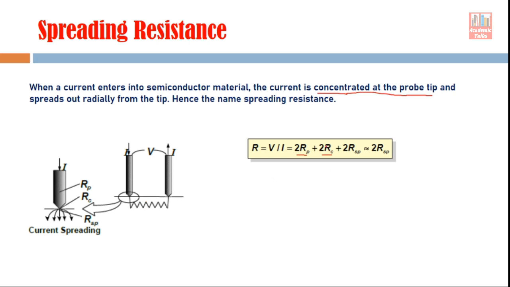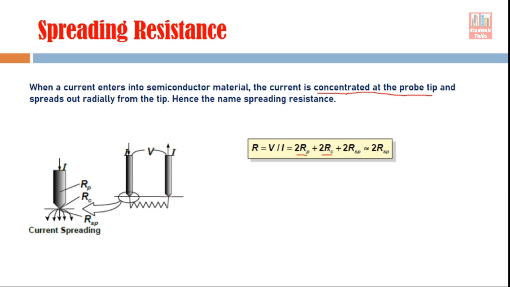So what dominates? This entire measurement is dominated only by the spreading resistance. So whatever resistance we are measuring using this setup will give us 2 times the spreading resistance, because we are using 2 probes. But remember, it happens only in particular situations, when we make this arrangement in such a way that the resistance of the semiconductor is negligible as compared to spreading resistance, and the contact resistance also is very small as compared to spreading resistance.